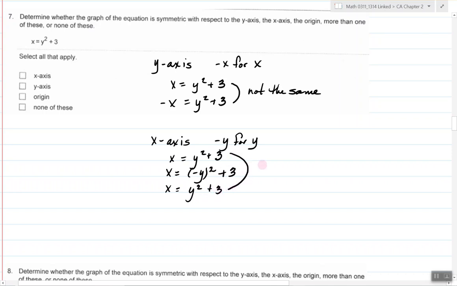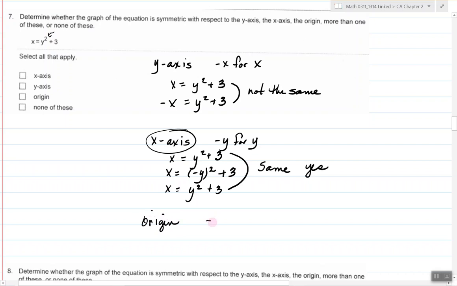Compare these. They're the same. So yes to x-axis symmetry. We said that if something has x-axis symmetry, then it is probably not a function. And we said earlier that when an equation has an even power of y, it's not a function. So that's making sense.